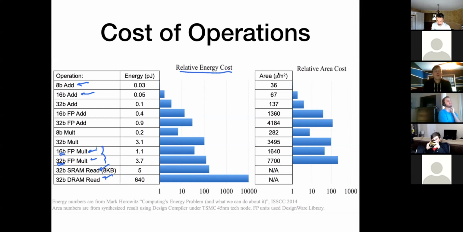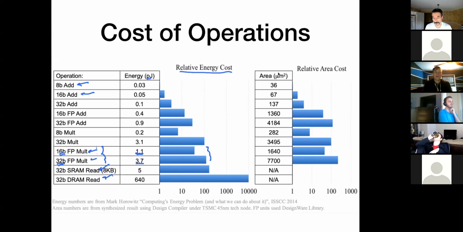The difference between 1.1 picojoules and 3.7 is roughly 4 times higher. You pay that energy consumption when you do multiplication in 32-bit representation.